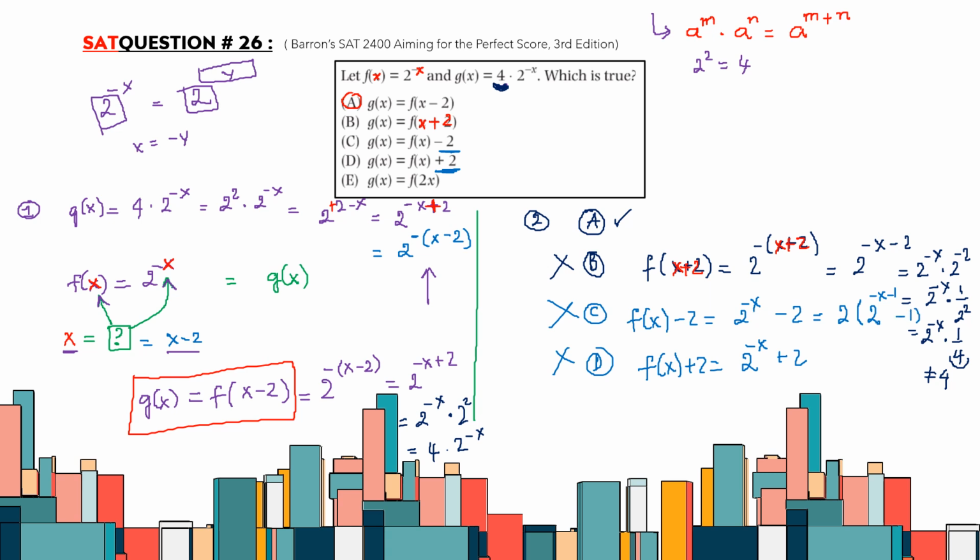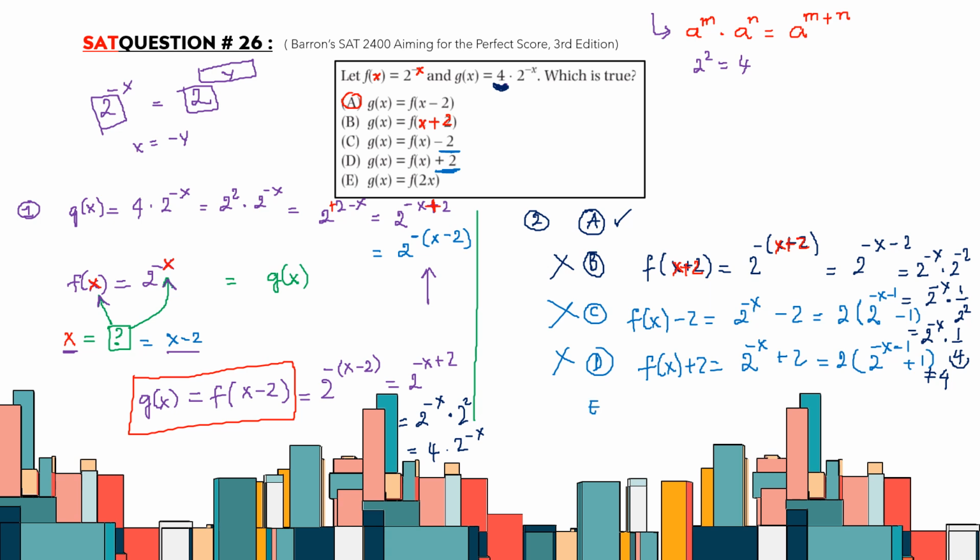That way is different. Same here, if you take 1 out, you will have 2 to the power of negative x minus 1 and then you plus 1. And it's way different.